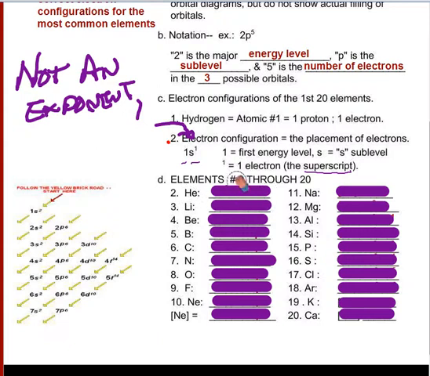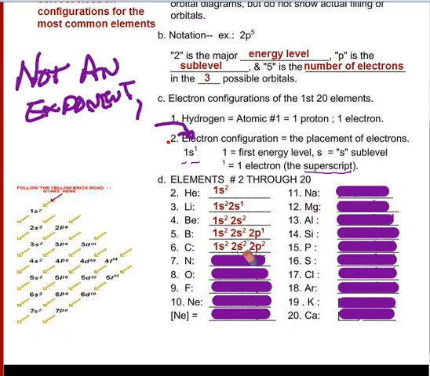See how you did. If hydrogen was 1s1, helium would be 1s2. Then lithium would be 1s2, 2s1. Beryllium is going to be 1s2, 2s2. Boron, 1s2, 2s2, 2p1.